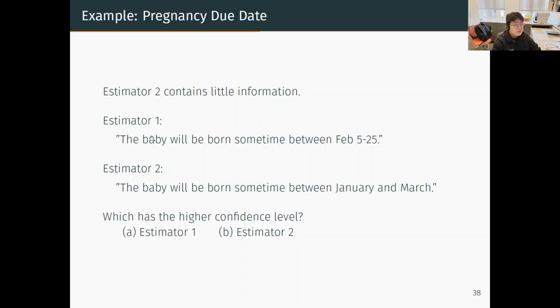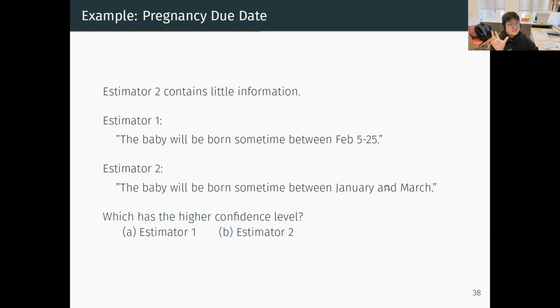The answer here is 2, because it cannot be wrong. It is just too obvious, almost always true. Literally, it's really hard to be wrong. So estimator 2 is more likely to be correct.